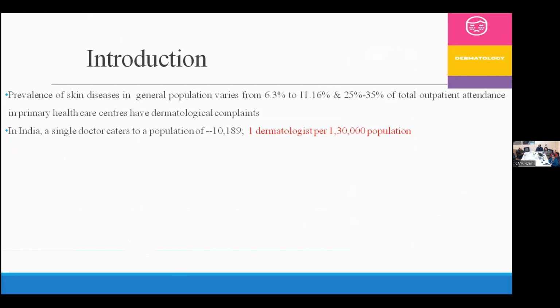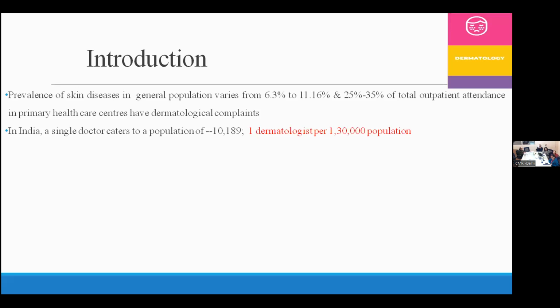Why we are talking about this is that dermatological or skin diseases are in the top 10 of non-fatal disease burden. This has been reported by WHO. And in India, it is said that 6.3 to 11% of the population has skin diseases. At the primary health center, where we are most concerned, 25 to 35% of attendance is due to skin diseases.